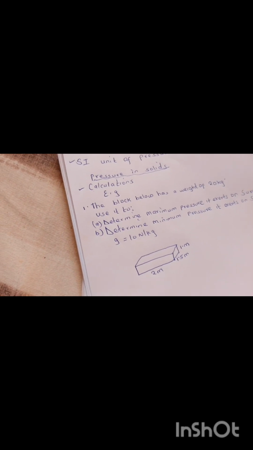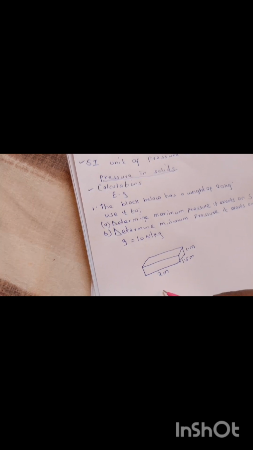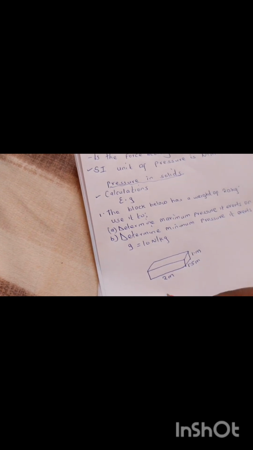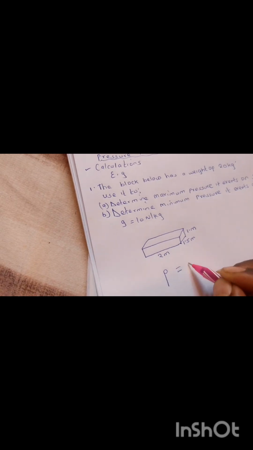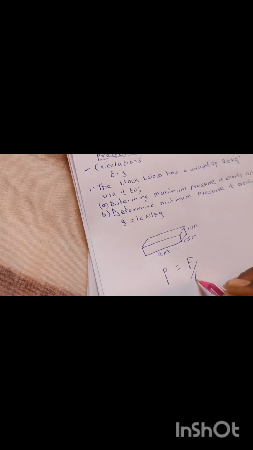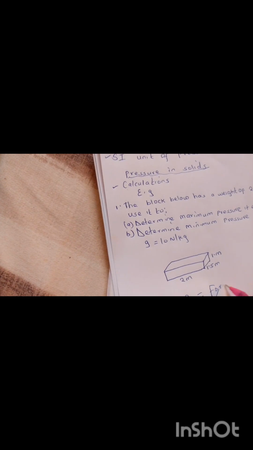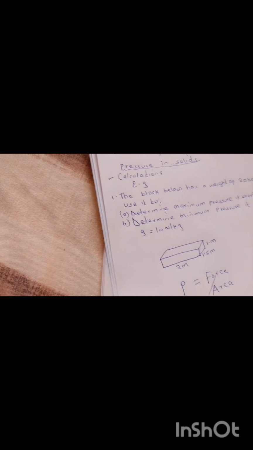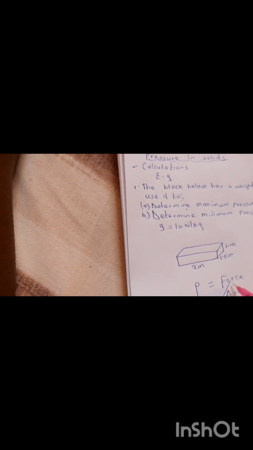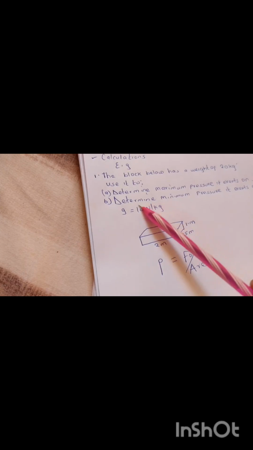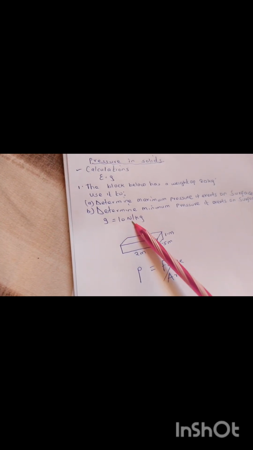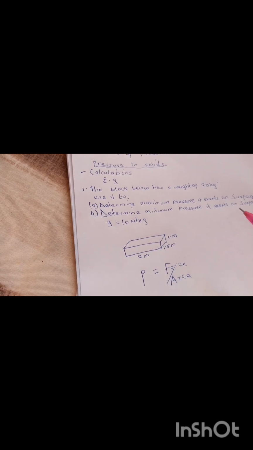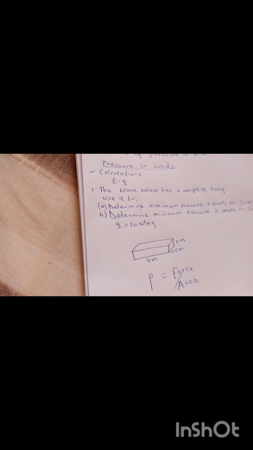So the first thing that we are going to do is to determine the force. We know that the formula for calculating pressure in solids is equal to force over area. So we are going to look at what we have been given. As from here, we have been given the gravitational force, but we don't have force, and we also have the mass or weight.